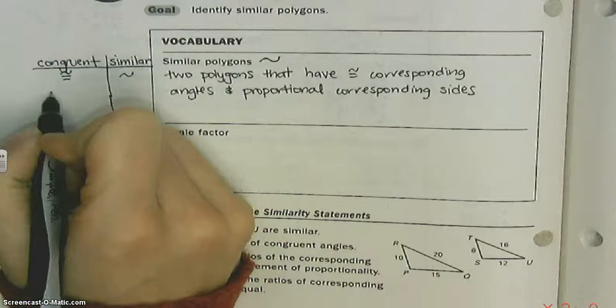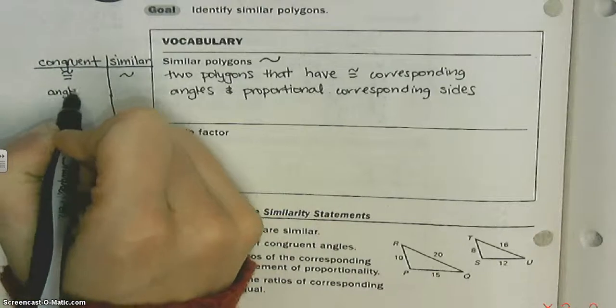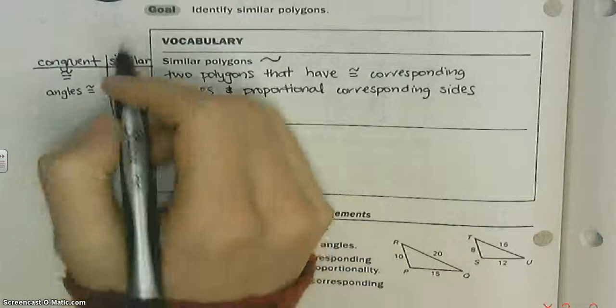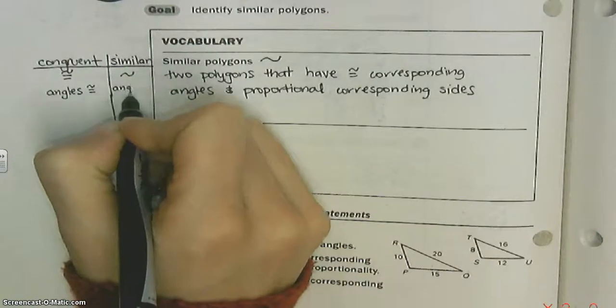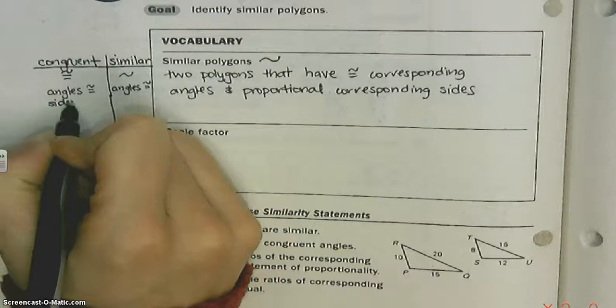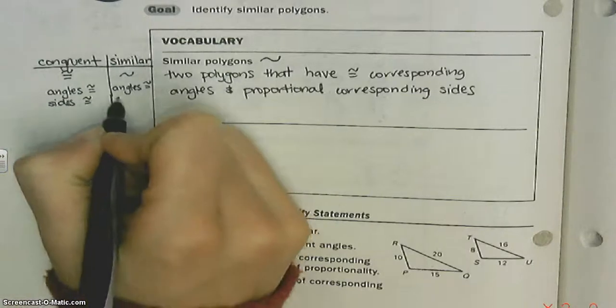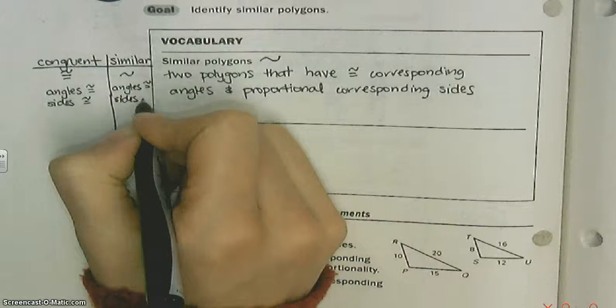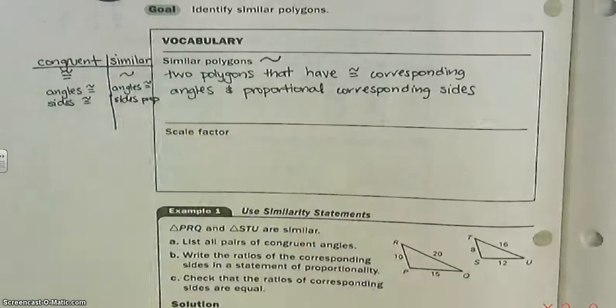Then in congruent, your angles are congruent. Well, same thing here with similar. Your angles are congruent. But here, your sides are congruent as well. Here, your sides are proportional. We're going to talk about what that means.